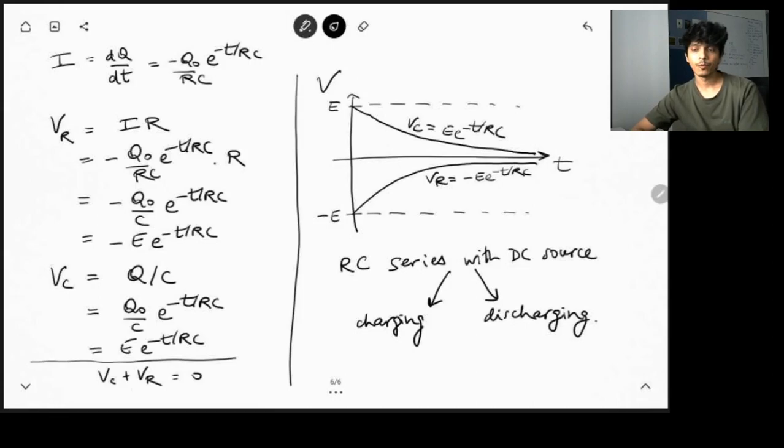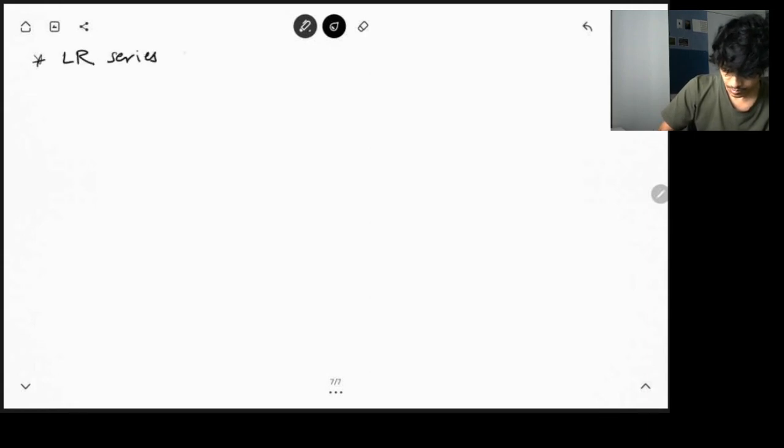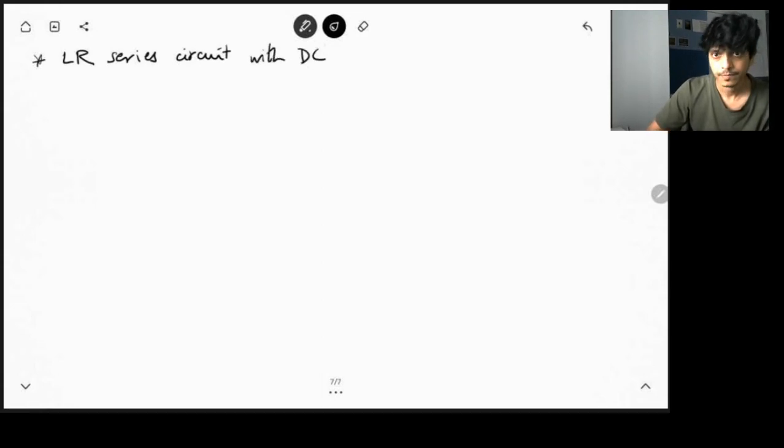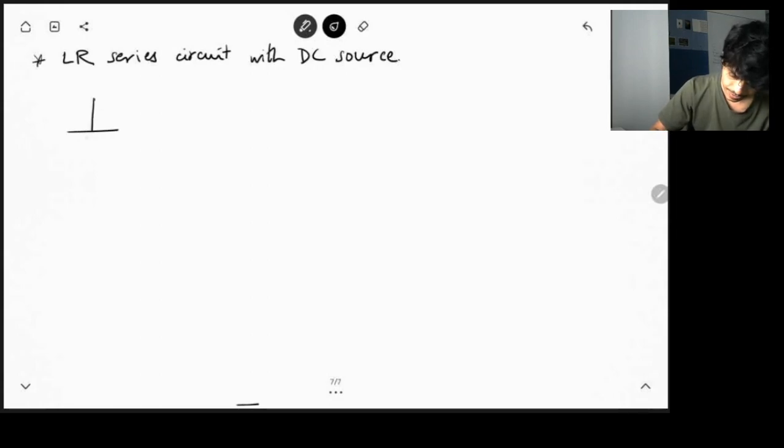Now, we can do the exact same thing but with an inductor. So now this is an LR series circuit with a DC source. So once again, the circuit looks exactly the same as before.